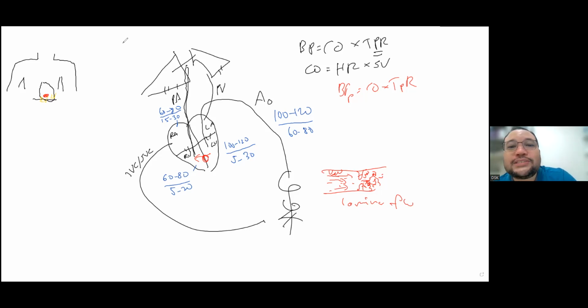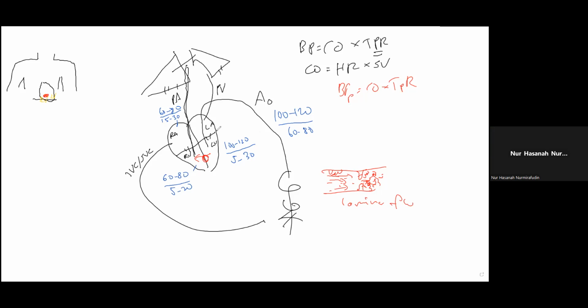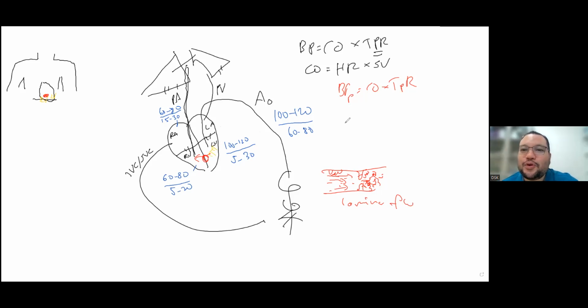Okay. What causes the first heart sound? The closure of the mitral and tricuspid valves. Alright. So when your ventricle contracts, it pushes fluid like this. So it pushes the mitral valve to close.